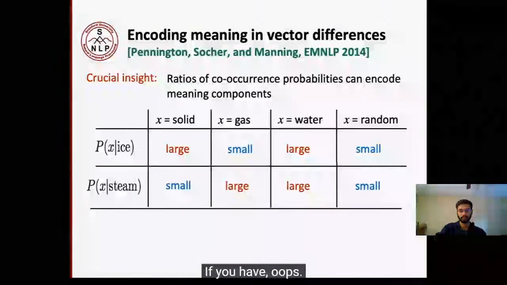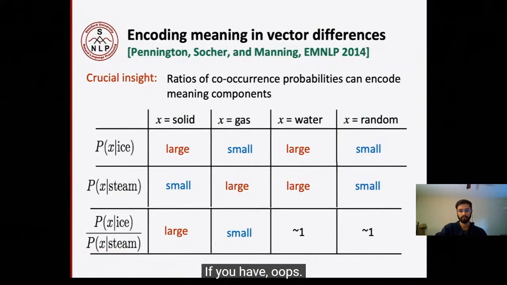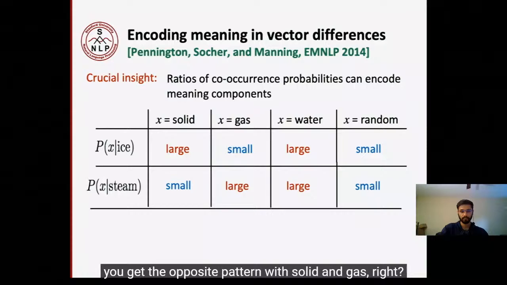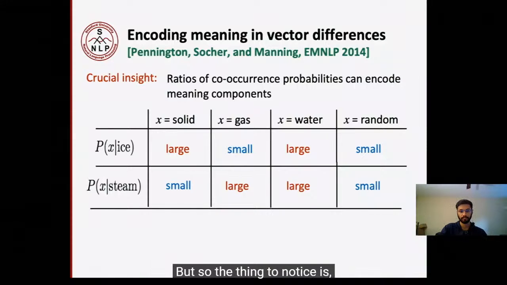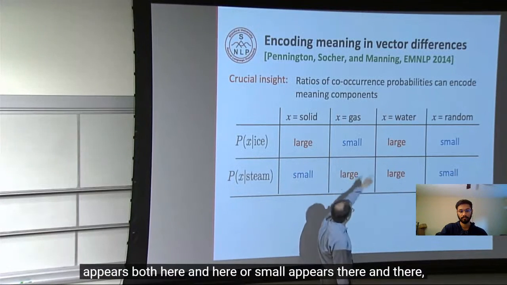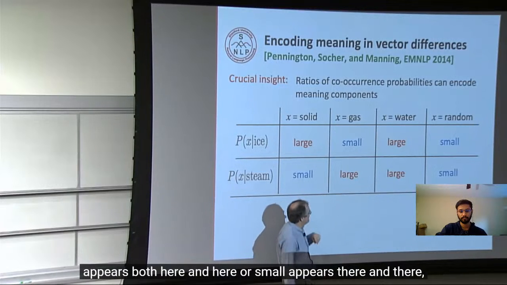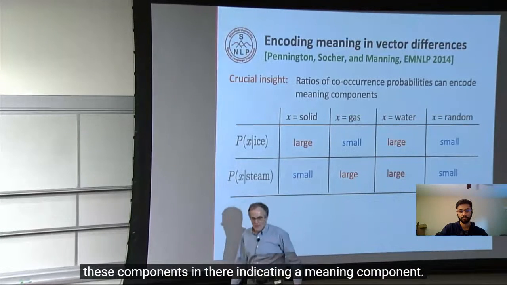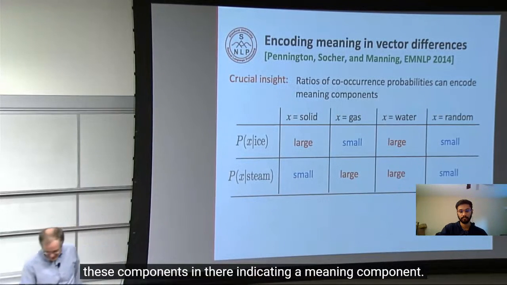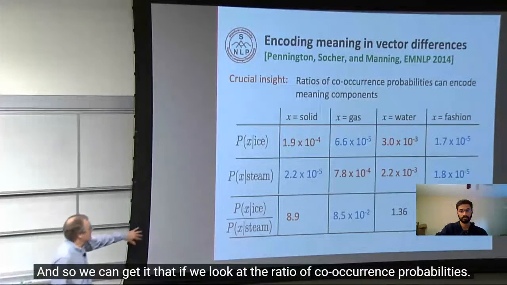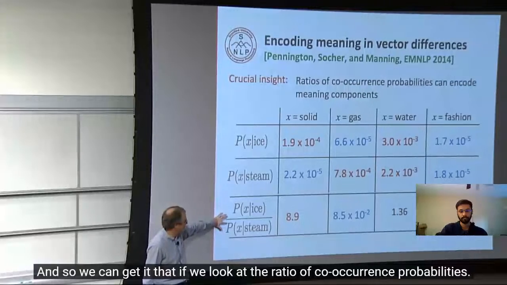If you have steam, you get the opposite pattern with solid and gas. The thing to notice is that it's not enough to just have large by itself, because large appears both here and here, or small appears there and there. What's interesting is the difference between these components, and they're indicating a meaning component. We can get at that if we look at the ratio of co-occurrence probabilities.